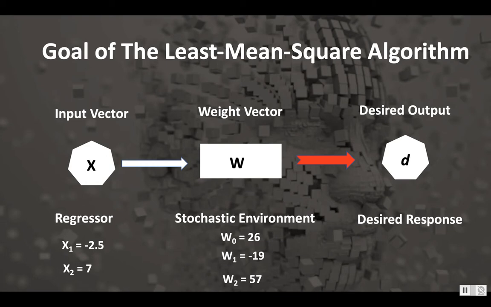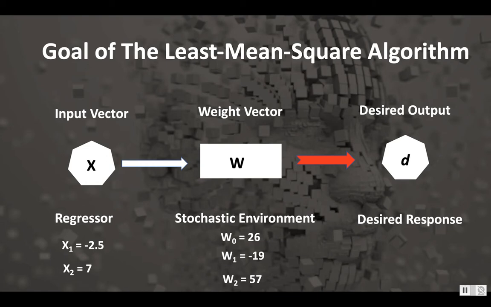For the bias, we fix the bias equal to 1. Therefore, we only need to adjust its weight, W0. So we call the weight the stochastic environment. This one could be changed. We have an initial weight, and then we want to find the optimal weight.